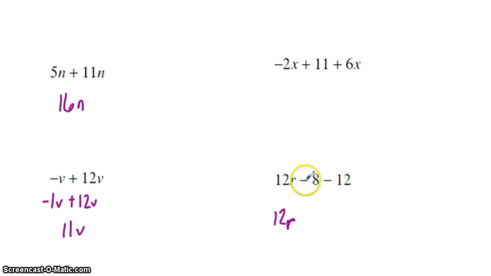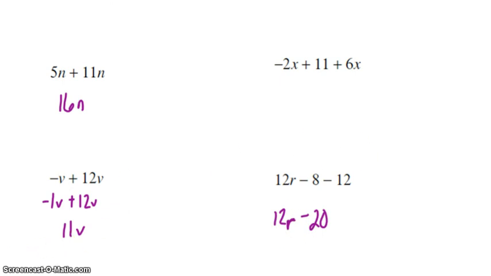I have a minus 8 minus 12. When I combine a subtraction of 8 and a subtraction of 12, I get a total subtraction of 20. So the simplified version of this expression would be 12r minus 20.